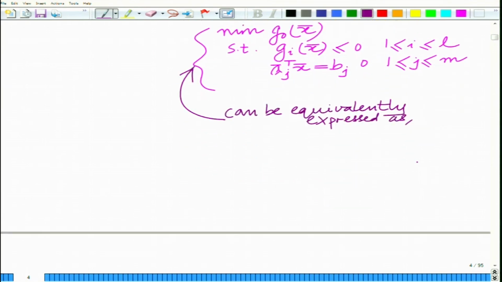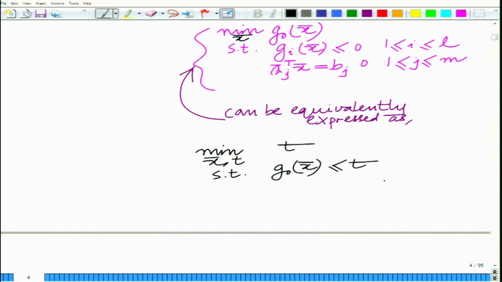What I am going to do is introduce an additional optimization variable. So, this optimization here is with respect to x bar. I am going to introduce an additional optimization variable t, that is, minimize over x bar comma t. Now, I am going to minimize t, and in the constraints I am going to add an additional constraint, that is g_0(x bar) less than or equal to t.